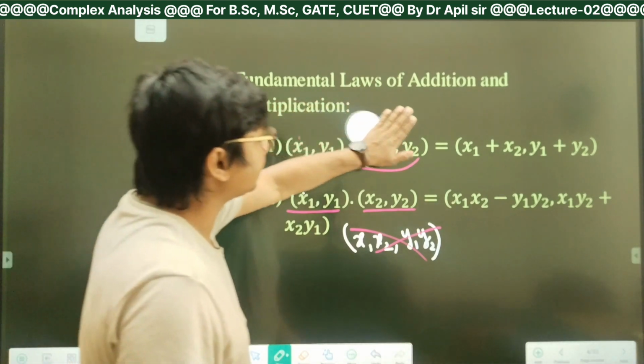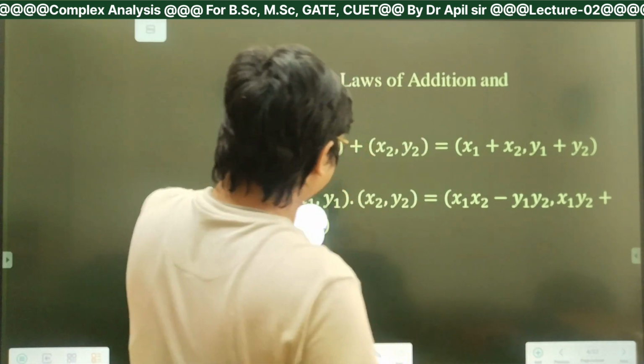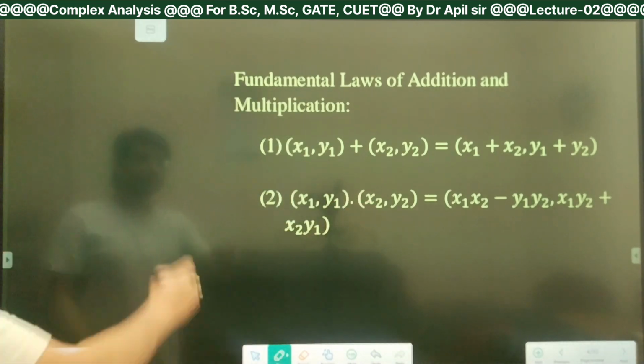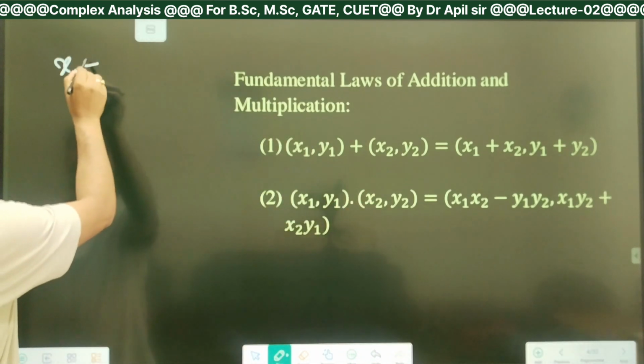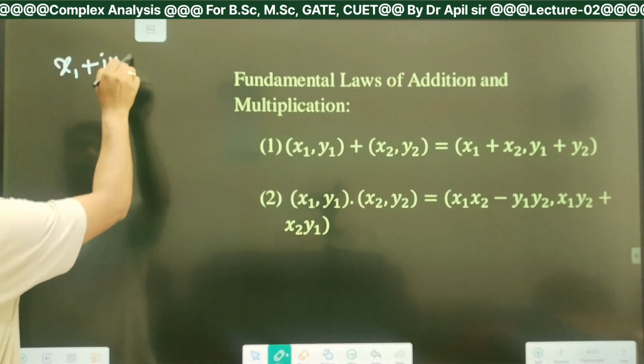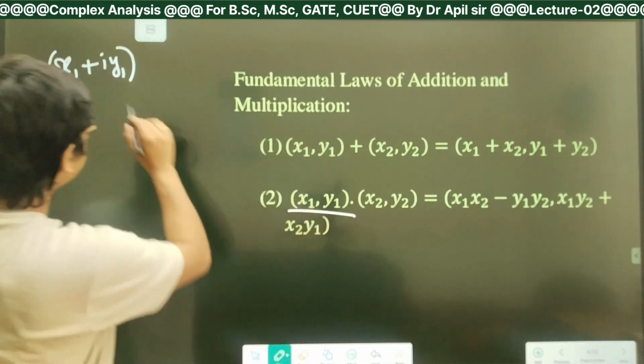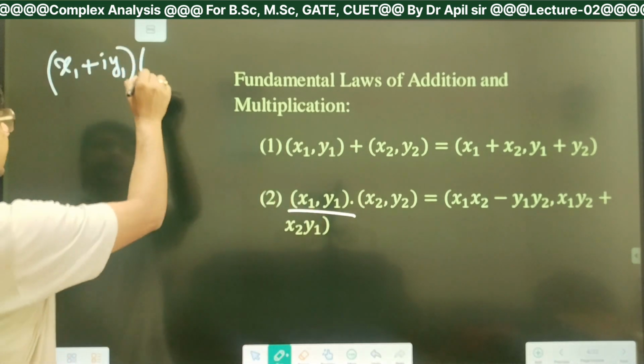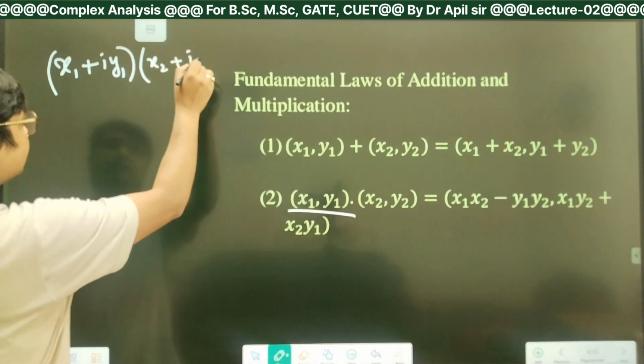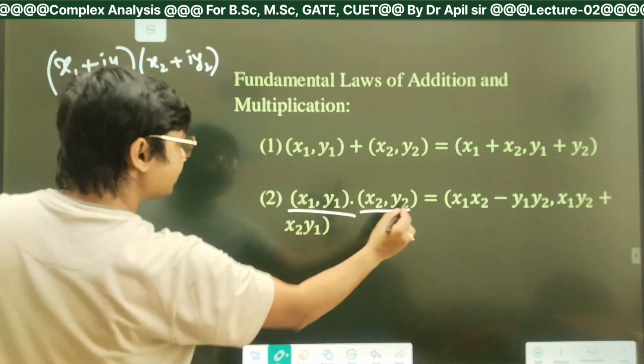So I will try to find the product of these complex numbers. Here x1 comma y1 is the first complex number, and x2 plus i y2 is the second complex number.